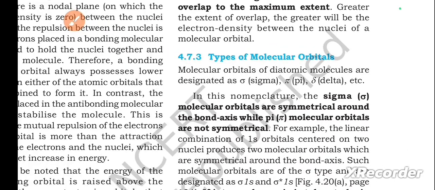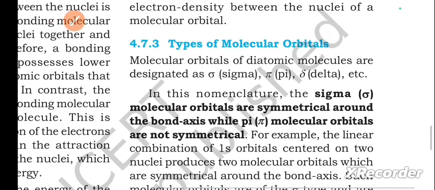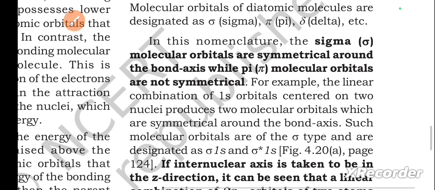Next one, types of molecular orbitals. Molecular orbitals of diatomic molecules are designated as sigma, pi, delta, etc. In this nomenclature, the sigma molecular orbitals are symmetrical around the bond axis, while pi molecular orbitals are not symmetrical. For example, the linear combination of 1s orbitals centered on two nuclei produces two molecular orbitals which are symmetrical around the bond axis.